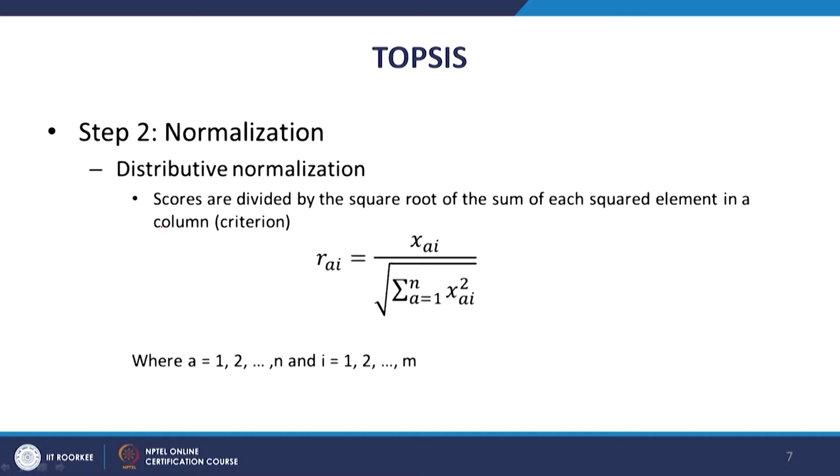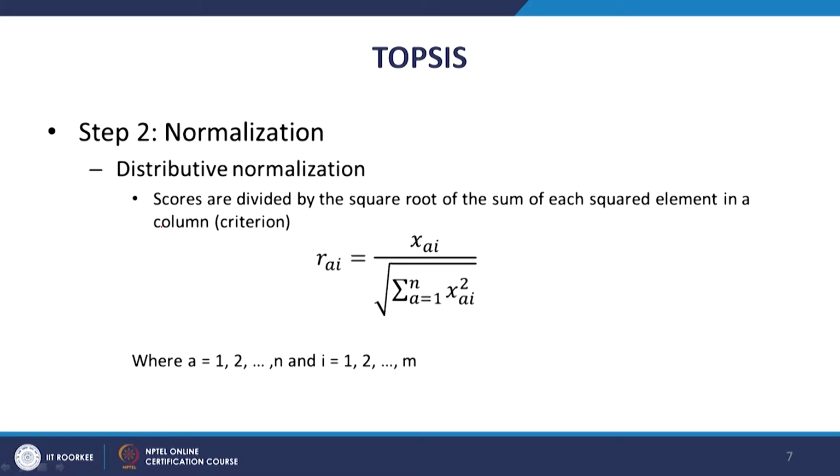The normalized score r_ai is equal to, in the numerator, the actual performance score x_ai, and in the denominator, the square root of the summation of the squared elements of all these scores along one particular column, that is one particular criterion. Under the square root, the summation is from a equal to 1 to n.